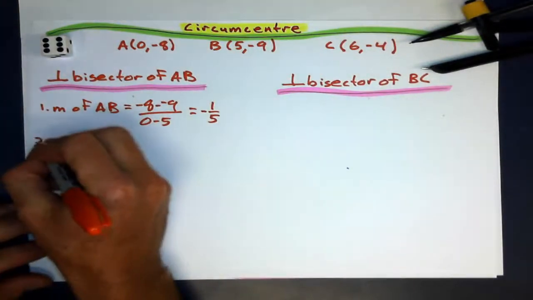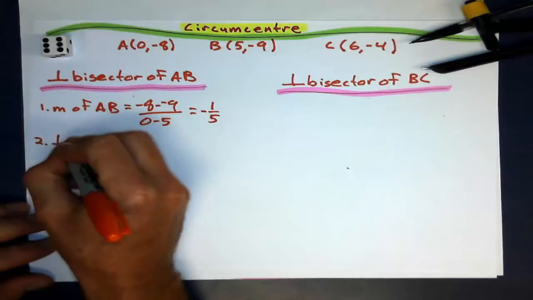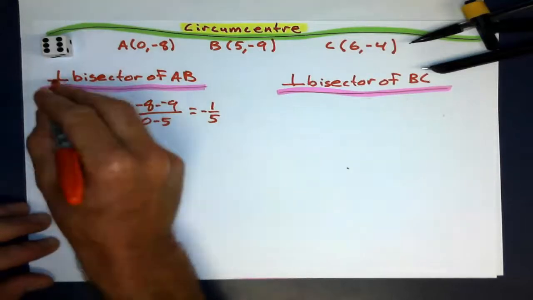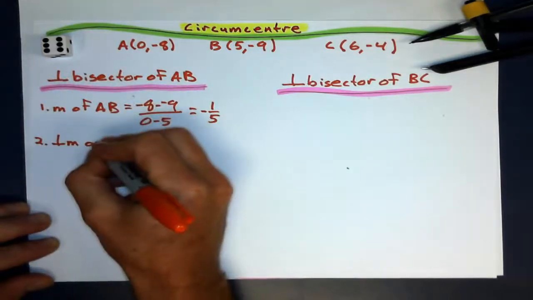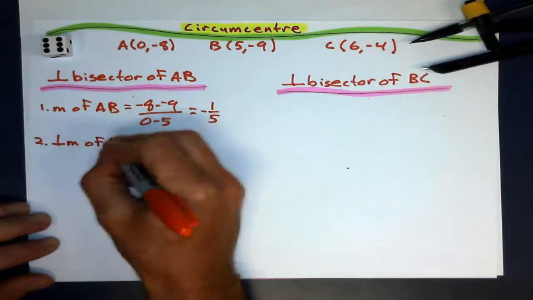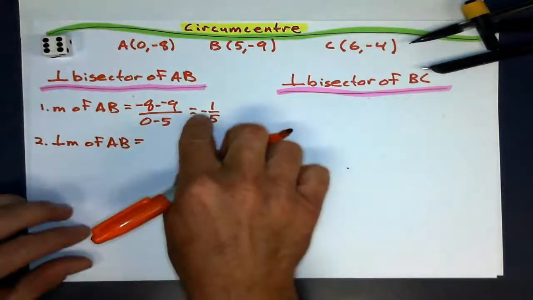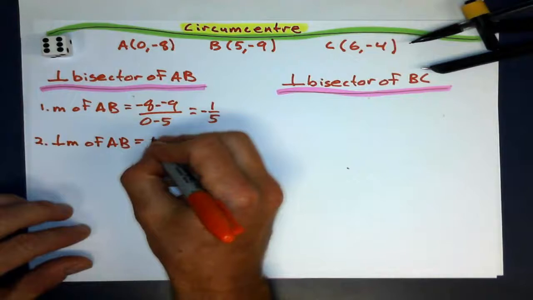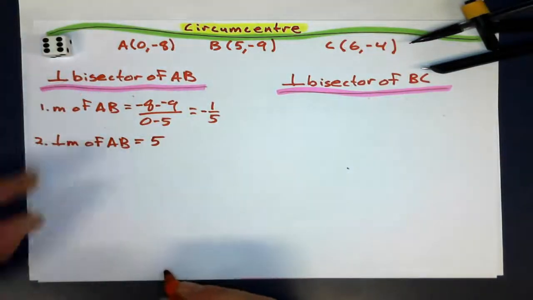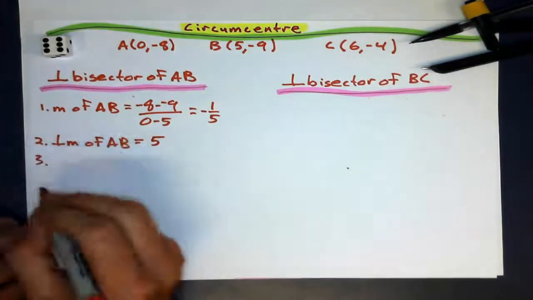Okay, next step, I'm going to find that perpendicular gradient, because perpendicular bisector means I need the perpendicular gradient. So the perpendicular gradient of AB is what I call the opposite reciprocal, is +5. Okay, bisector means I need to find the midpoint.